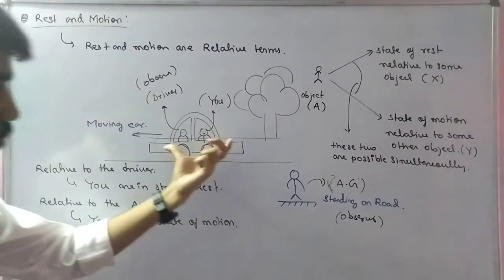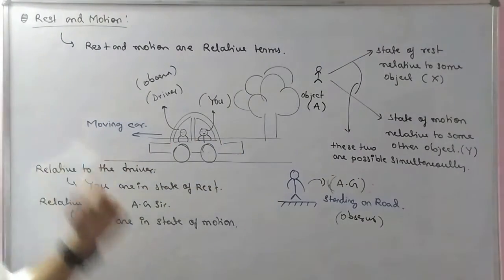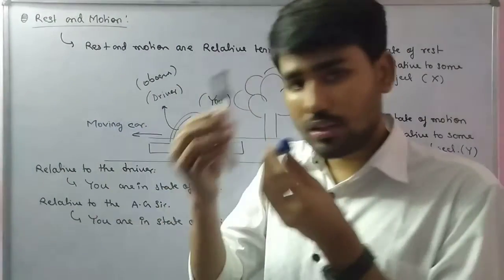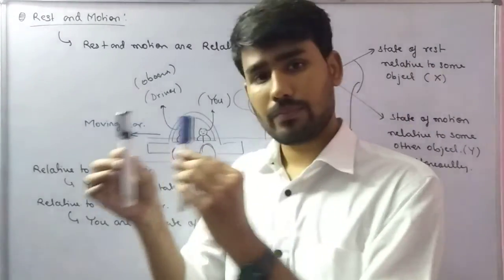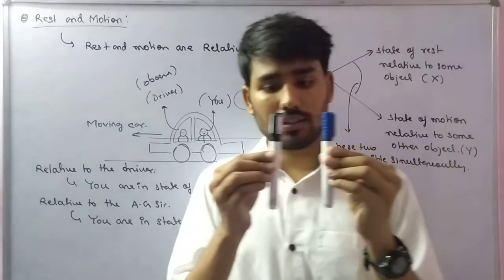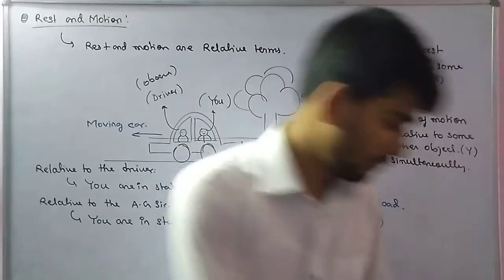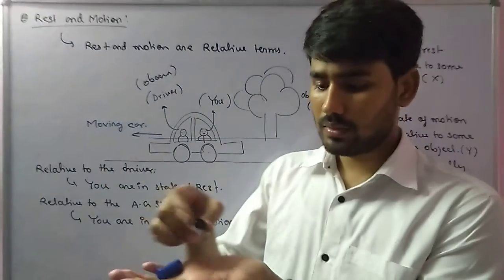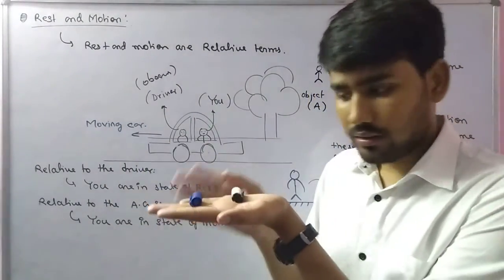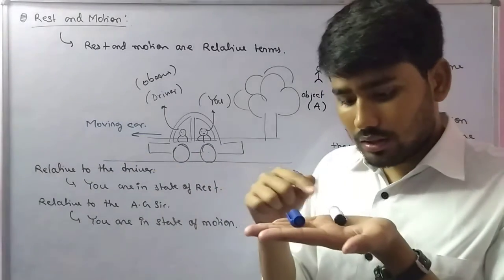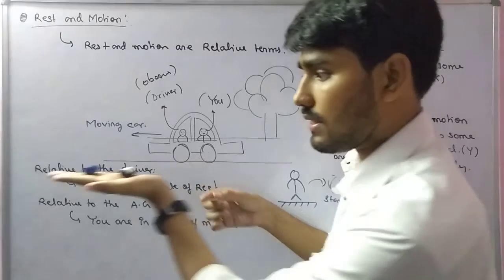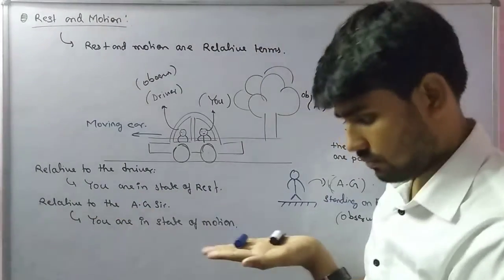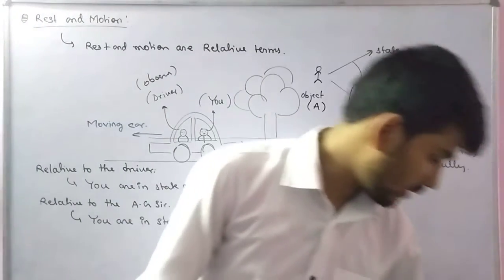Why? Because your position constantly changes. But with respect to the driver, if this is you and this is your driver, they move like this. You are moving in a car like this. See, the position of yours with respect to the driver is always the same. That's it. Is it clear?